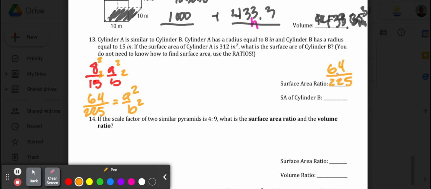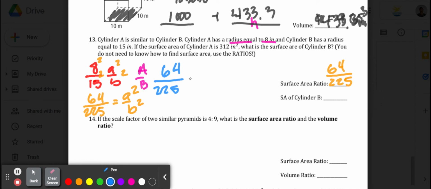You'll notice surface area ratios are usually perfect squares, like 64 and 225. And then we want to set up a proportion using those. And remember, I used A on top because of 8. So this is A over B.